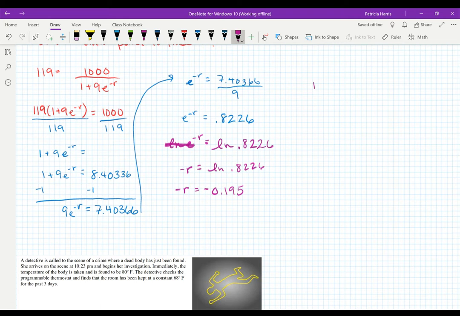So final model, or final equation: population as a function of time is equal to 1,000 over 1 plus 9e raised to the negative 0.195 t. All right, so that's the first part of our problem.